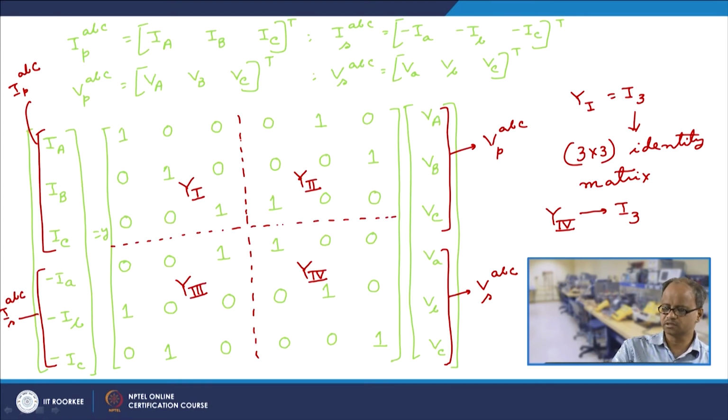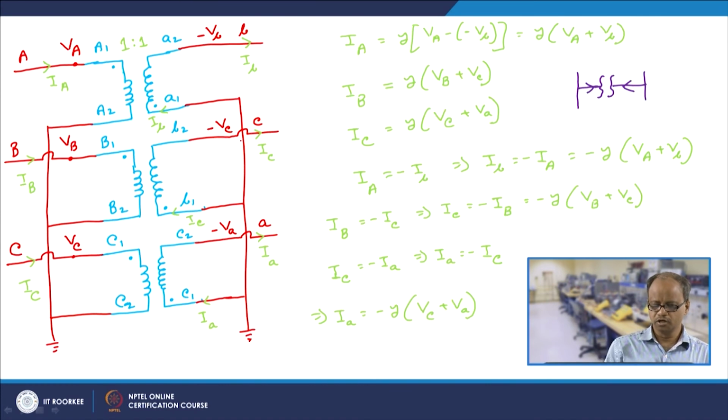These 2 particular 3 cross 3 matrices should always be transpose of each other, especially if there is no phase shifting tap. So, this is how the transformer modeling is to be done.